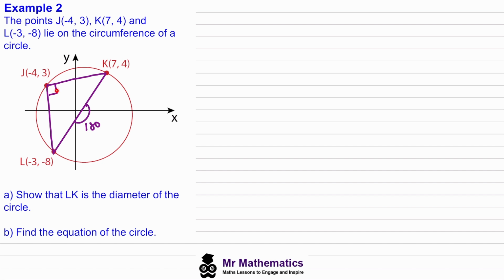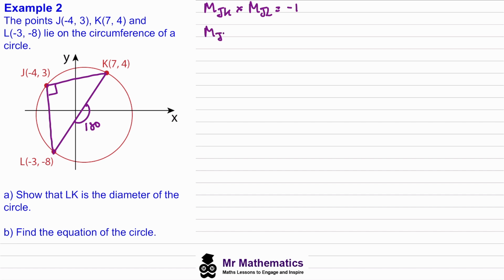Now if this angle is 90 degrees, it makes the chord J to K perpendicular to the chord J to L. And this means we can use the perpendicular gradient property of these two chords, where the gradient of J to K, when multiplied by the gradient of J to L, will give us a product of -1. So all we need to do now is to find the gradient of each of these chords.